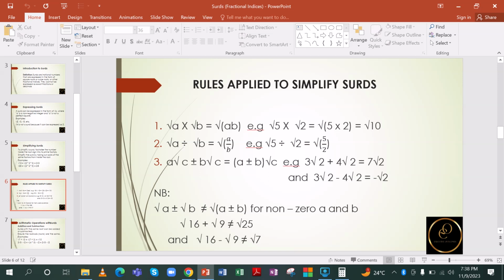So you are going to have 7 times the square root of 2.